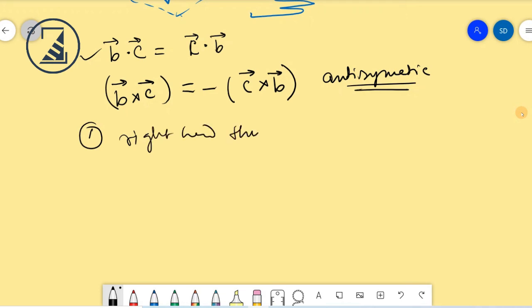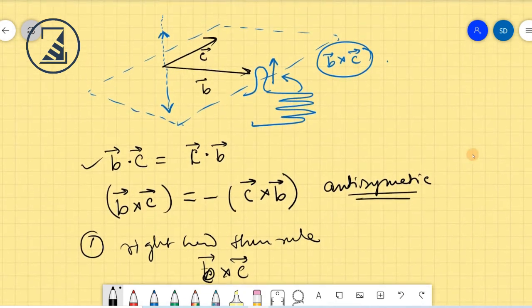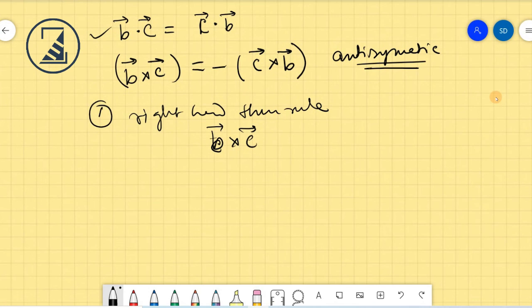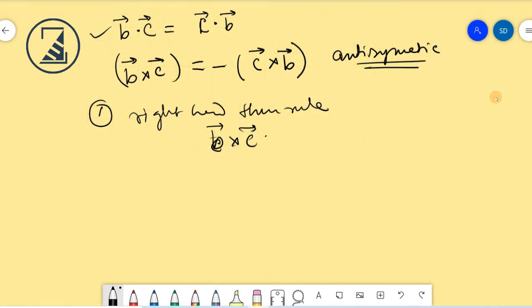If you do B cross C, the right hand thumb rule says it will point towards the up direction of this surface. So if we do C cross B, it is obviously going to point in the downwards direction. So that's why we can write B cross C is minus C cross B. This is one way of looking into it.